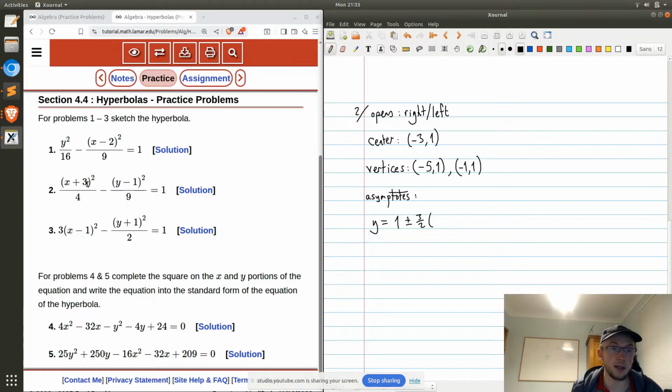Literally, you just copy and paste what's there. And that should be good. Let's see. -3, 1. There's the center.